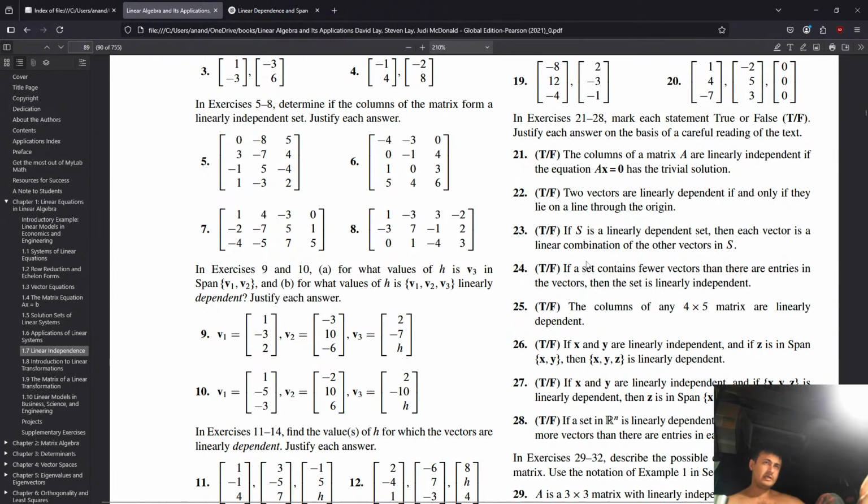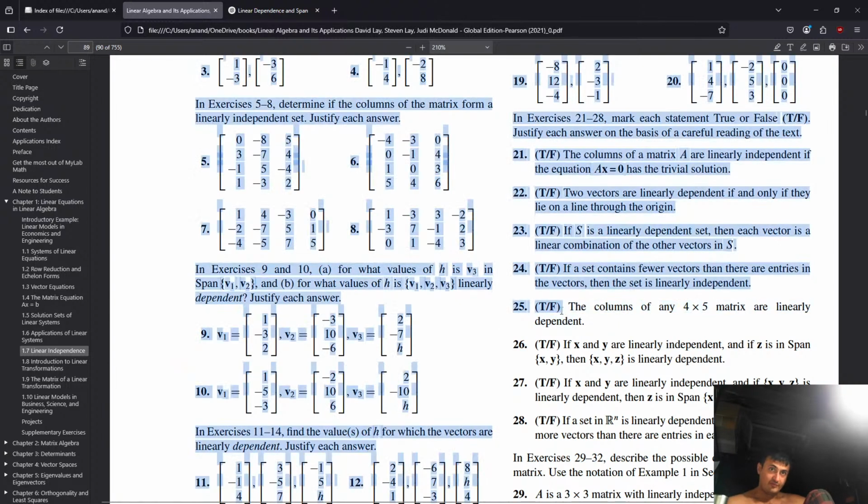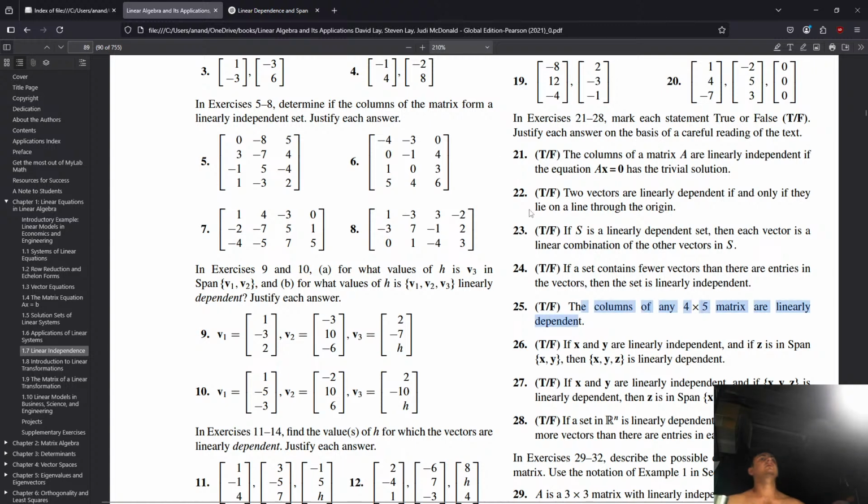Okay, so yeah, that's definitely not true. So 25: the columns of any 4x5 matrix are linearly dependent. So 4x5 means 4 equations, 5 variables, and they're saying that must be dependent.